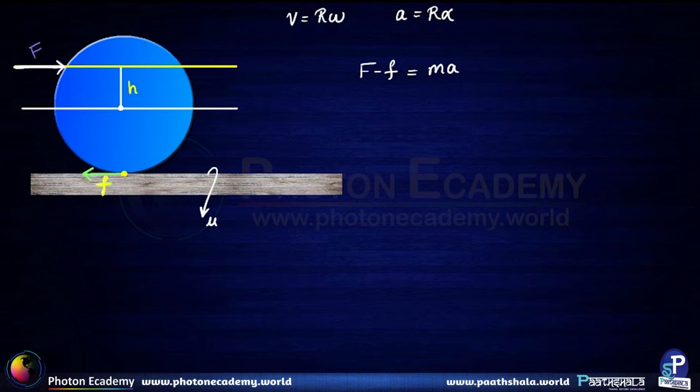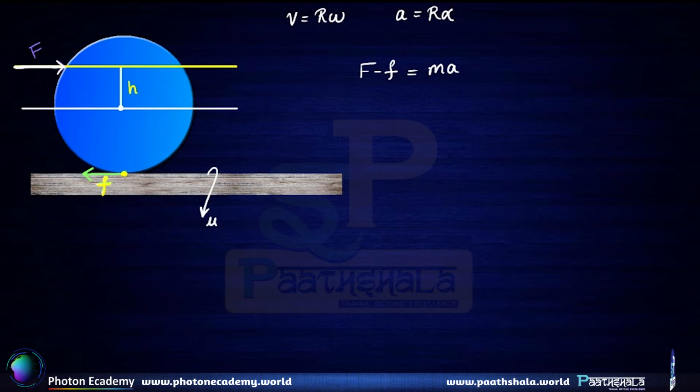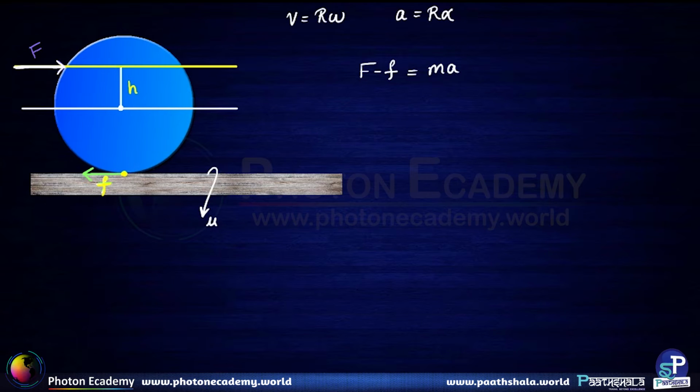So F minus f is equal to ma is an equation that we have, and another equation is the torque equation. Now let us analyze what is the clockwise torque. So this force is acting at a perpendicular distance of h, so it will provide F into h. Sine 90 is 1, so we ignore sine 90. So F into h is the clockwise torque provided by this force F, and small f into r is also a clockwise torque provided about the center.